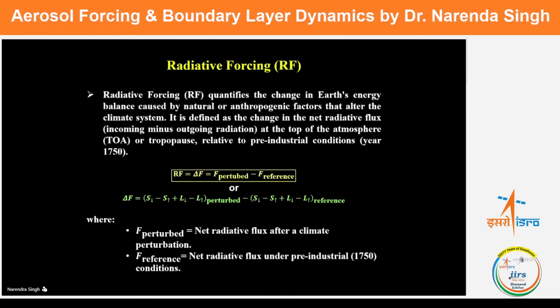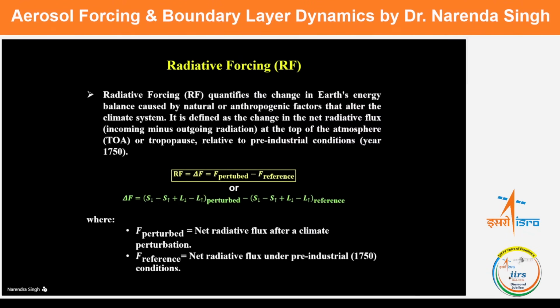The climate system is getting affected mainly after the industrial revolution. The industrial era, when the Western world started with measurements and industrialization, is considered to begin after 1750. This radiative forcing is denoted by delta F. It is basically the perturbed term minus the reference.